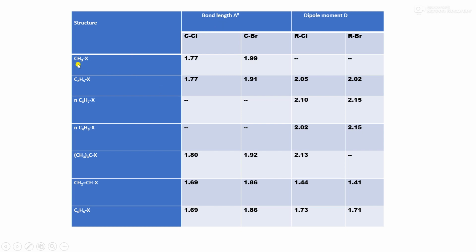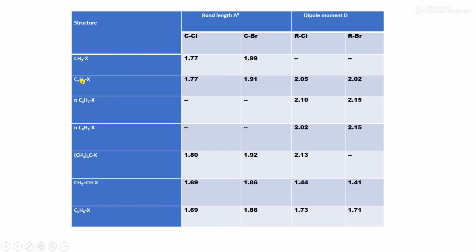It shows reactivity of different halogen atoms, chlorine and bromine. So bond length is given here. Fluorine has a smaller bond length compared to chlorine, bromine, and iodine. So iodine again has more bond length. As we go from fluorine to iodine, the bond length of the carbon-halogen bond goes on increasing.